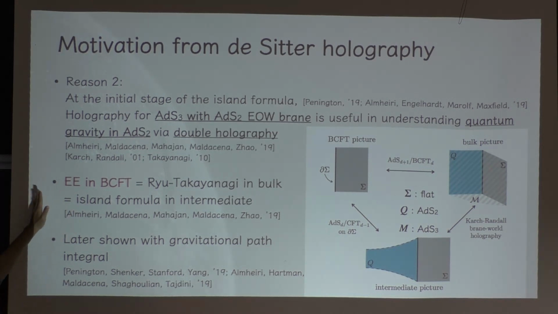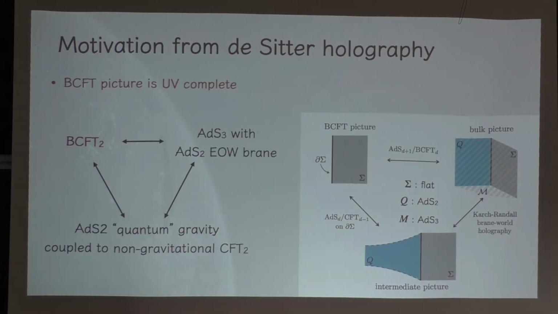While this one is not precise, you can guess by thinking about this, and it was later shown by using the gravitational path integral. The reason why it is so useful, I think, is because it has a UV complete description in this triality. So no matter what happens, you can always go to the UV complete picture and figure out what's actually happening in the whole stuff.